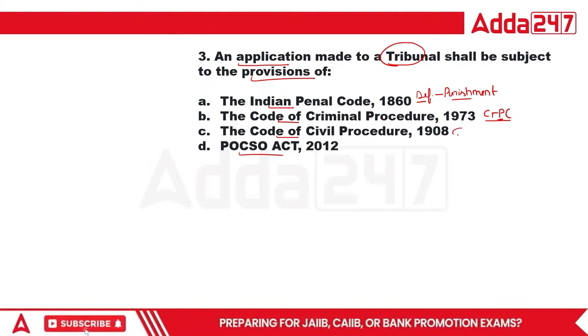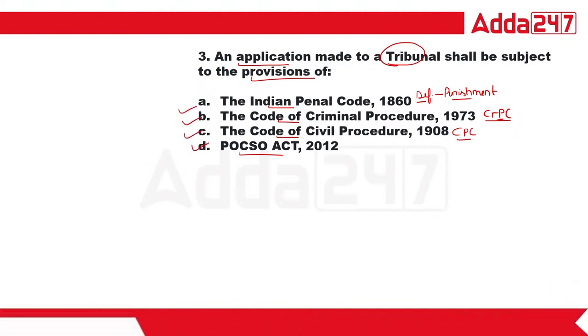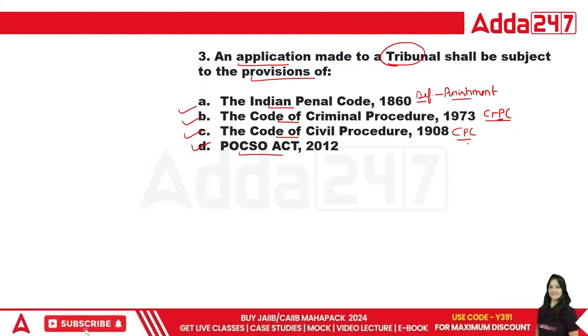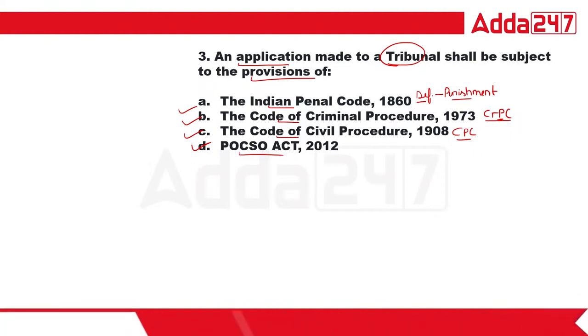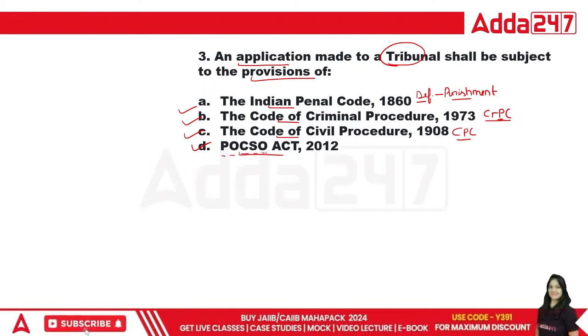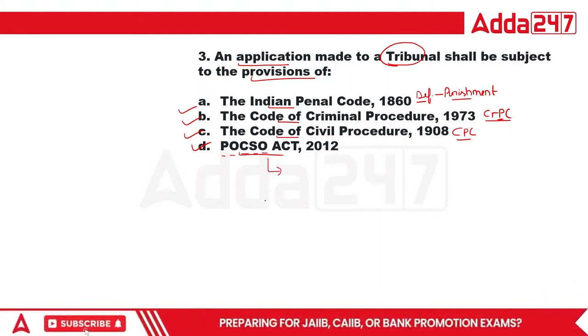CRPC and IPC are national laws made by the parliament. CPC is that law in which, in civil matters, the procedure to follow is given. And then the POCSO Act is the Protection of Children from Sexual Offences Act. Whatever sexual offense is happening to children, for their protection this act is there.